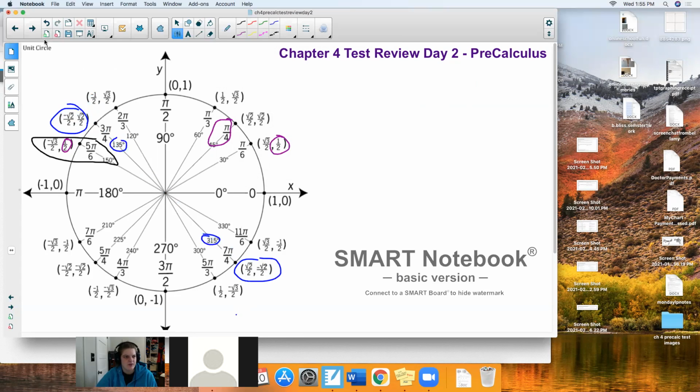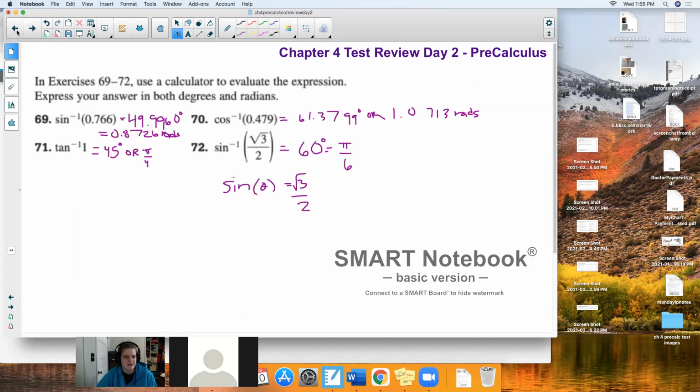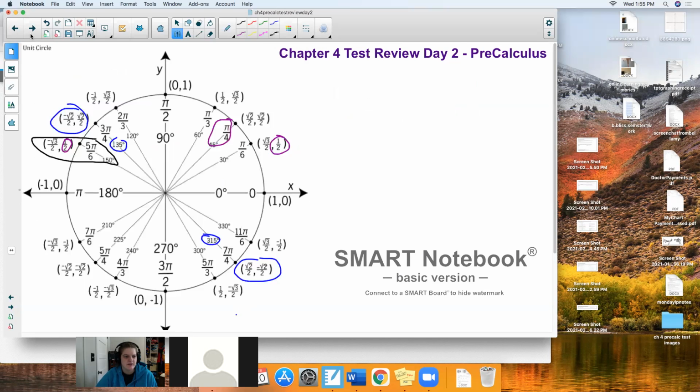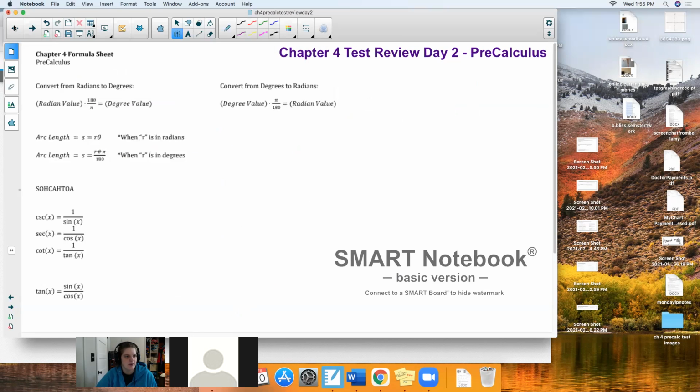So we're either doing 135 or 315, but notice that it says that it's going to be between 0 and pi, meaning in quadrant 1 or 2. So the answer is going to be up on here, and so that means 135 or 3 pi over 4.